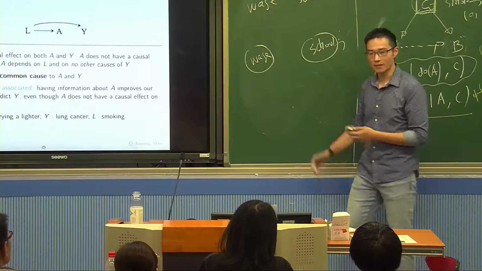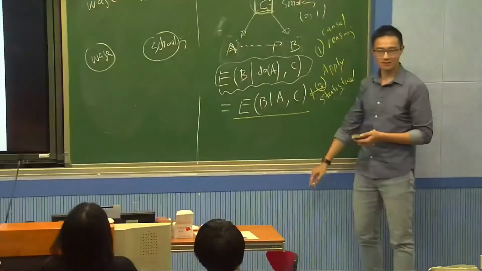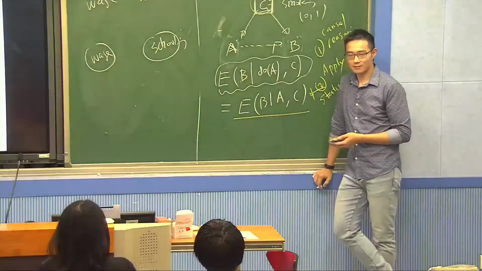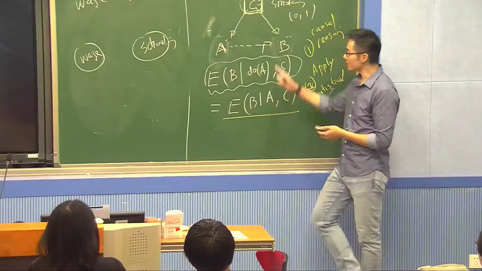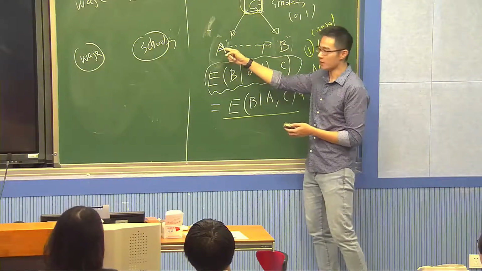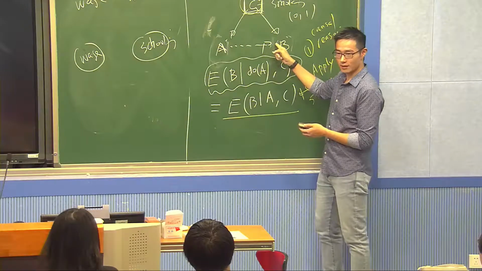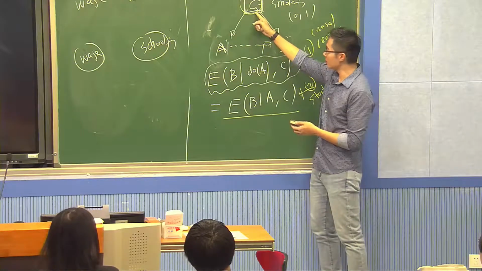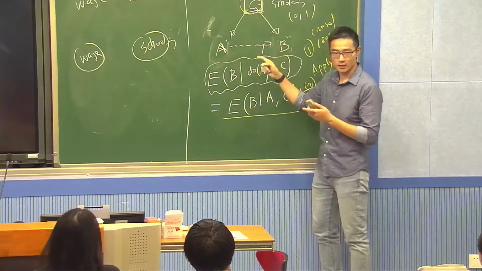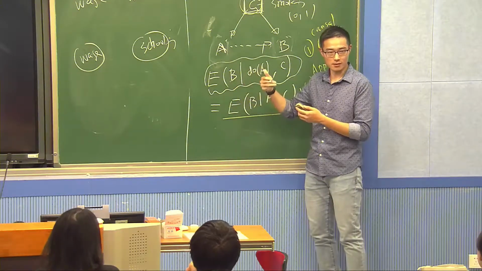Can you explain this using something like this? Now, in this case, we say A and B, the correlation doesn't tell me causation because there's some C that causes both A and B. If there's a C that's a common cause, then A and B will be correlated even if there's no causation. That's why correlation doesn't tell us causation, right?